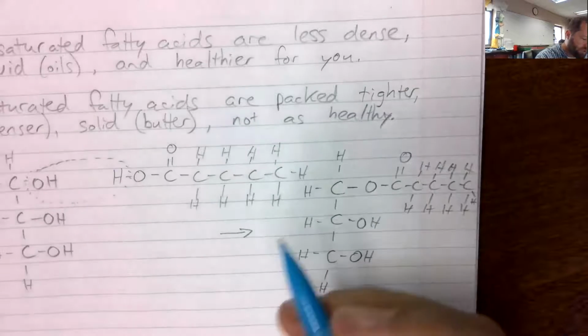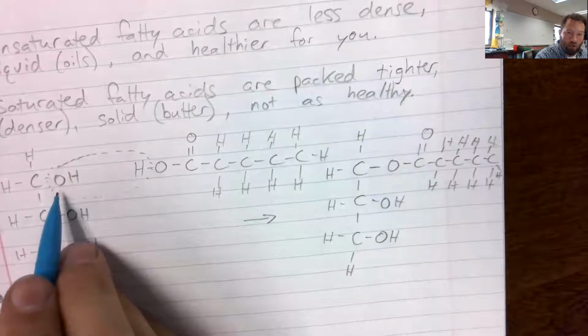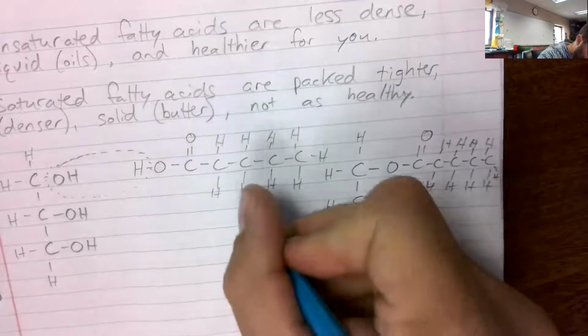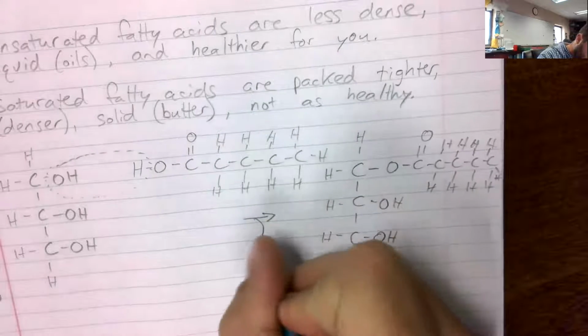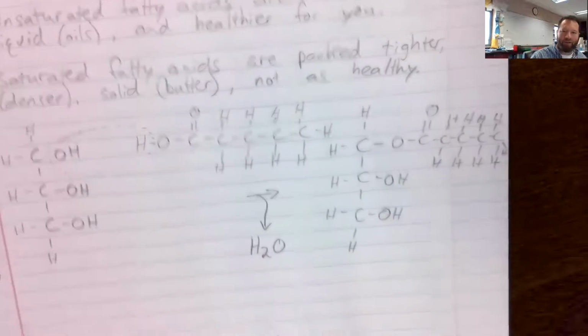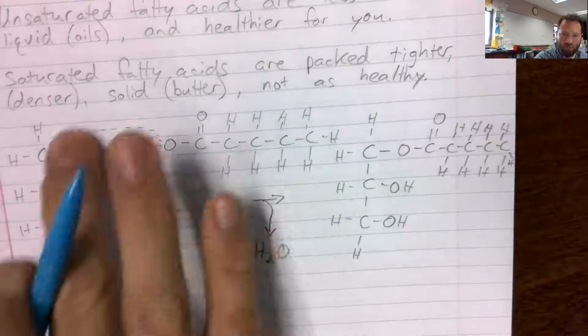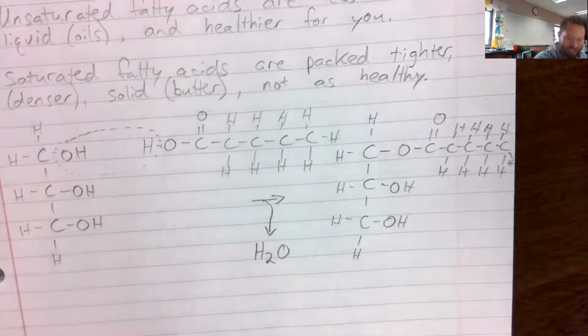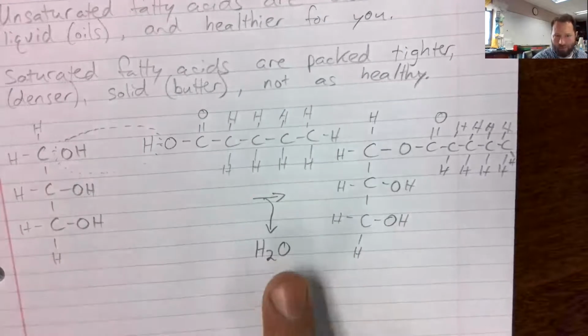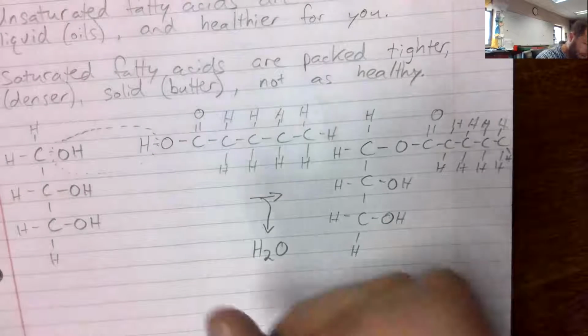And what else did we make over here? O and two H's, well, we all recognize that. That's water. Water comes out of the reaction. Water is formed. These wasted parts, if you will, come together and end up forming a water molecule.